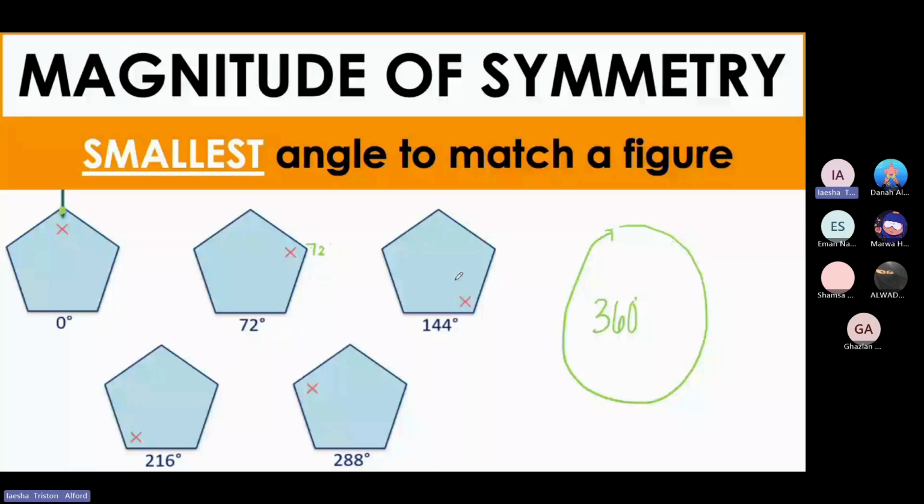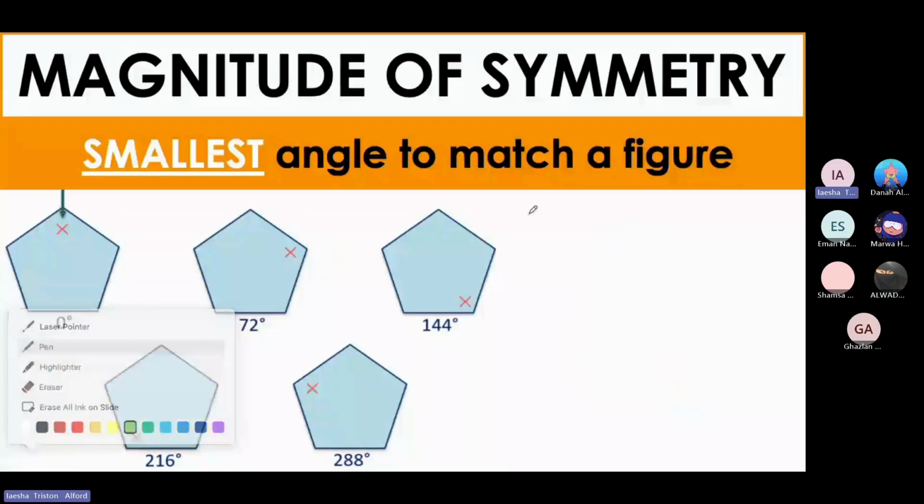If I turn another 72 degrees, so I do 72 and add 72, my next number is 144. If I turn another 72 degrees, I'm going to stop at 216. If I turn another 72 degrees, I'm going to stop at 288. If I turn the last time, I'm going to be at 360 degrees.